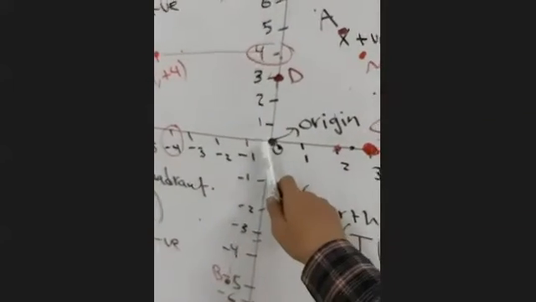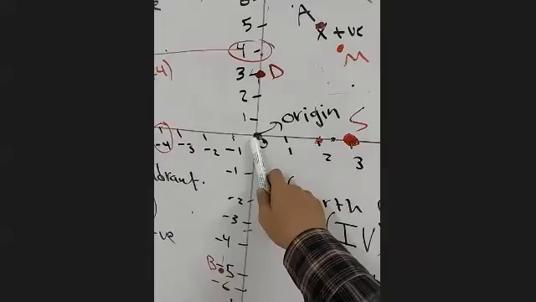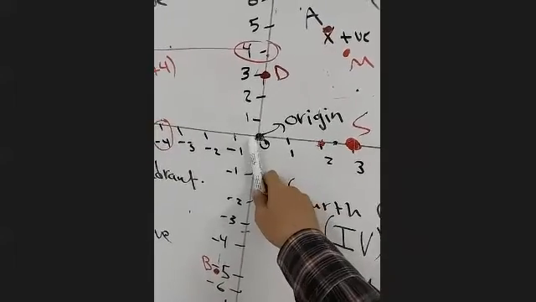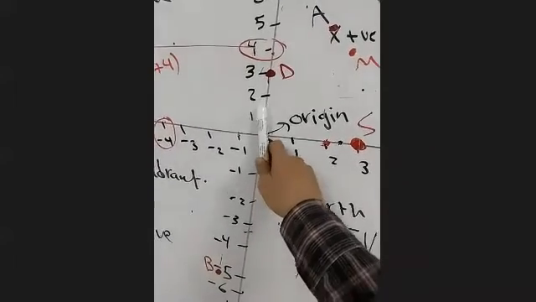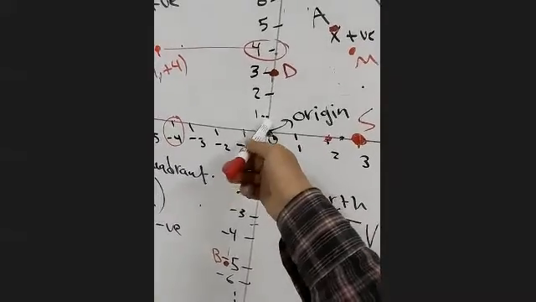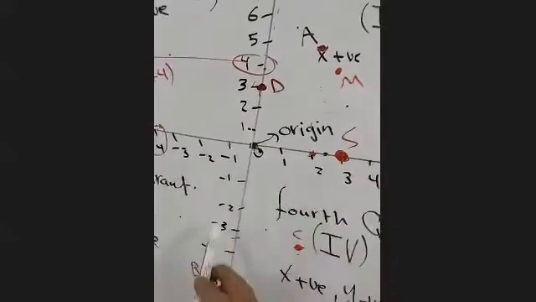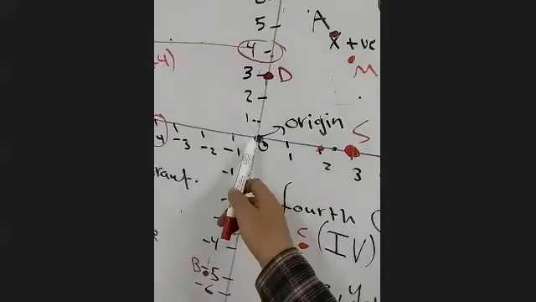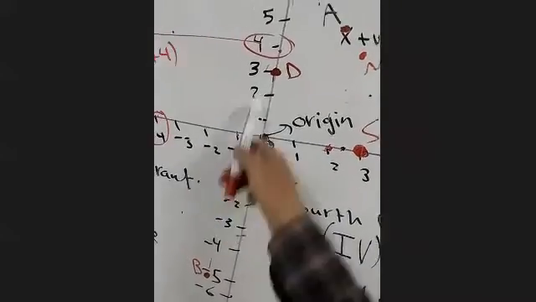If we have 0 for x, look at the board. (0, 2/5): 2/5 means we go up, and it's less than 1. So where is this point located, on the x-axis or the y-axis? We have 0 for x, so it's on the y-axis. It's easy.